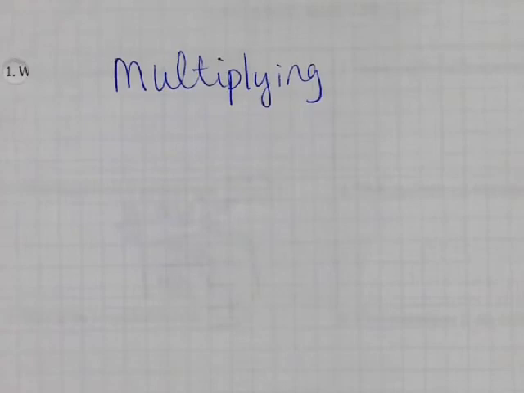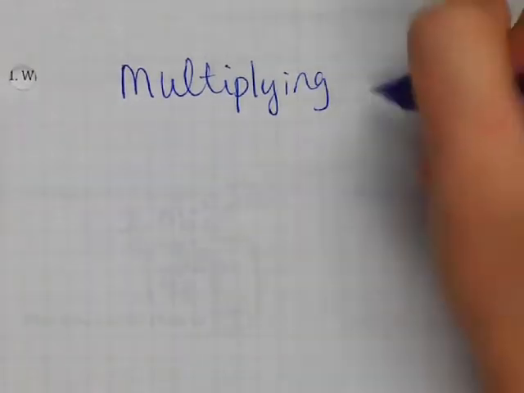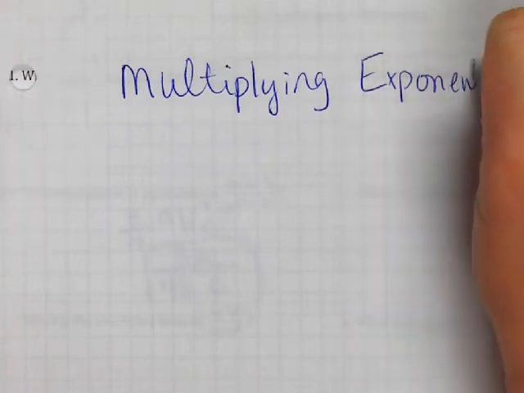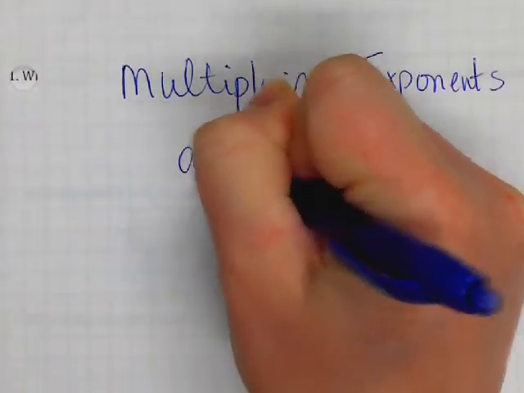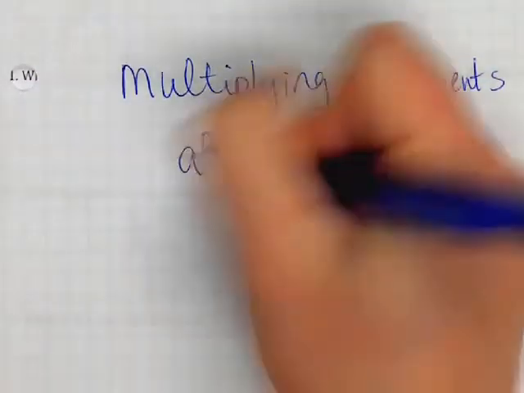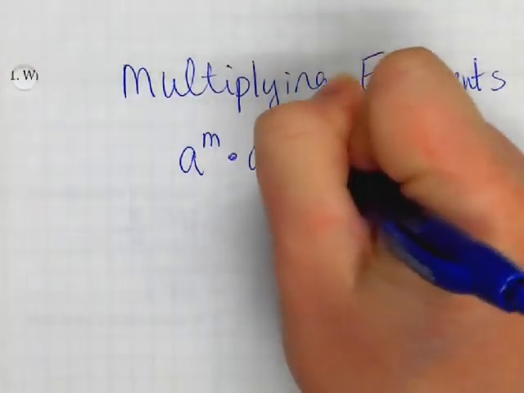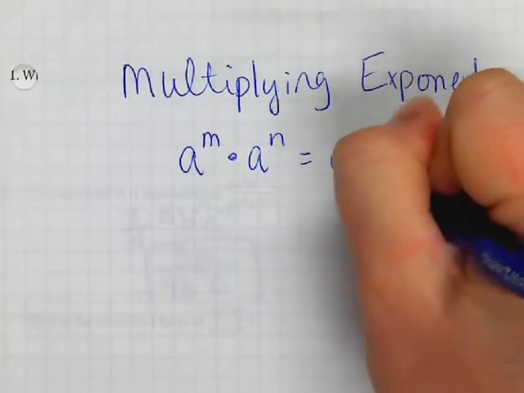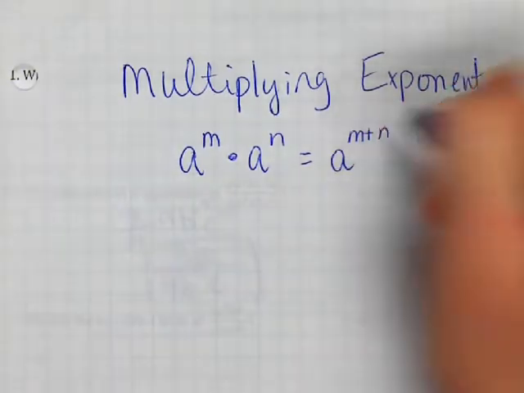So let's talk a little bit about the rules for multiplying, dividing, the negative exponents, and even the powers to powers. So if I'm talking about multiplying exponents, I would have something like a to the m times a to the n equals a to the m plus n.